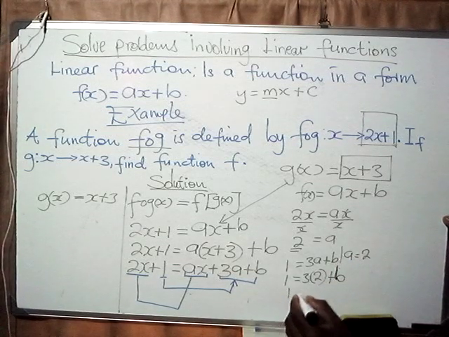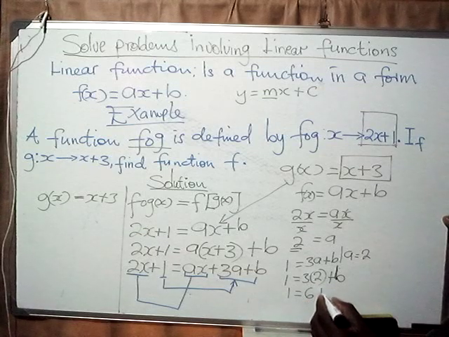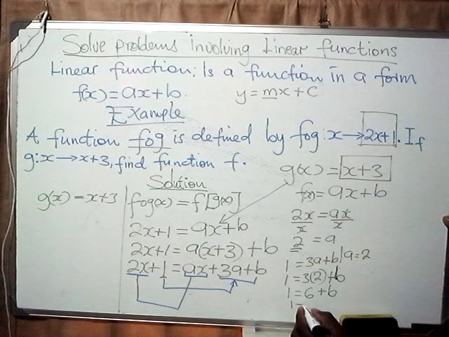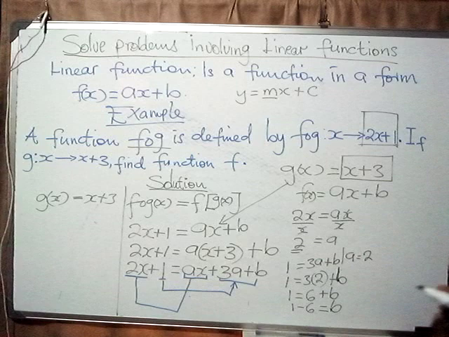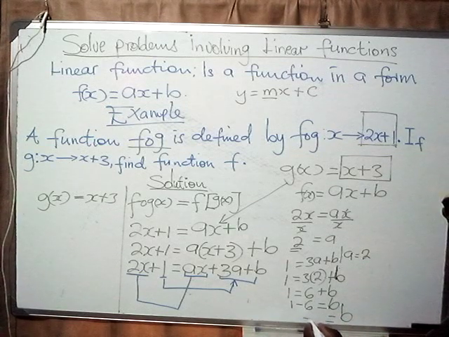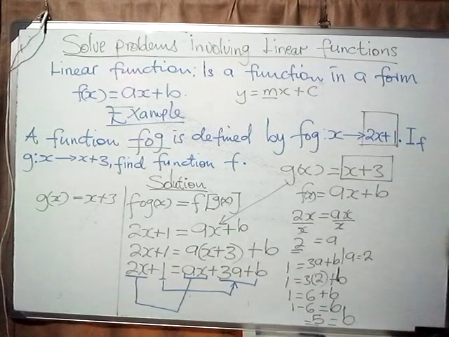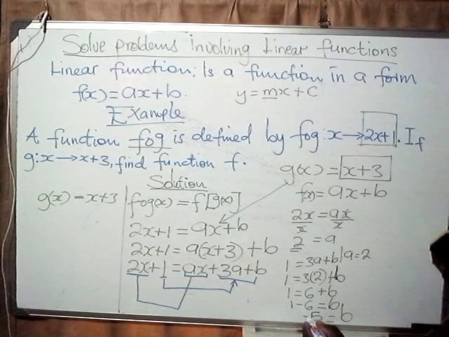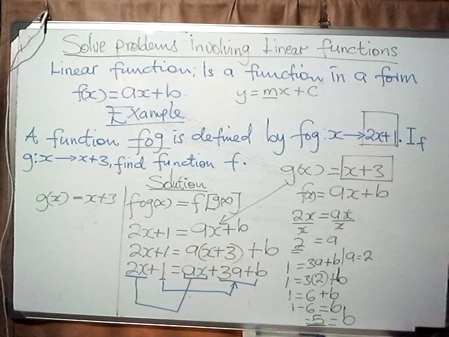Then 1 is equal to 6 plus b. Then 1 minus 6 is equal to b. So the value of b is equal to -5, because 1 minus 6 is negative. So the value of b has been found.